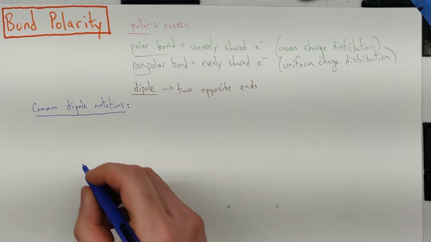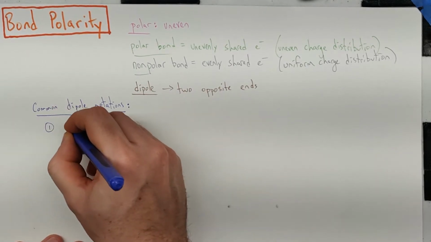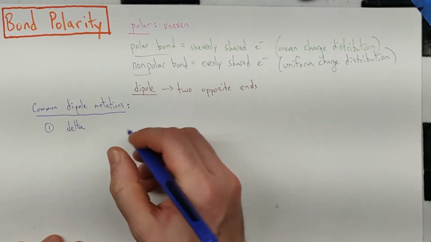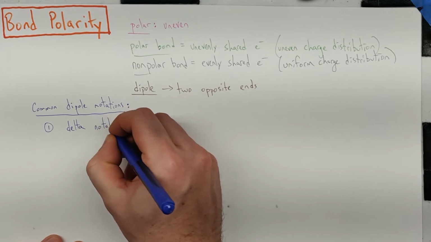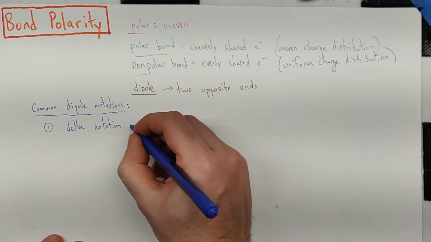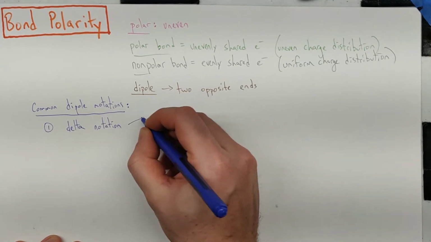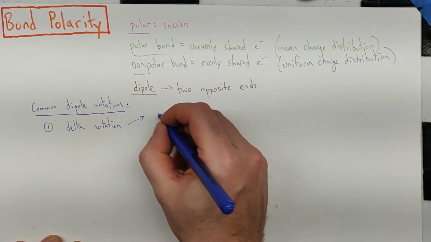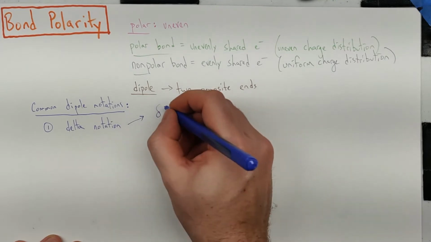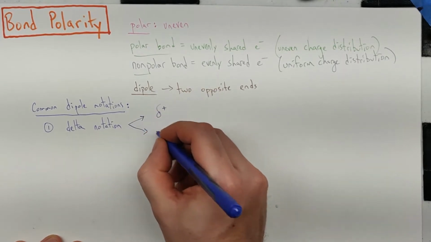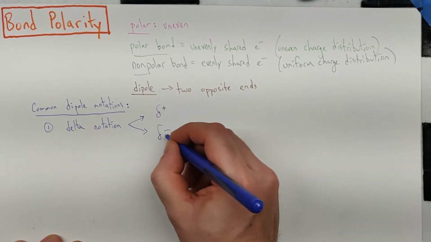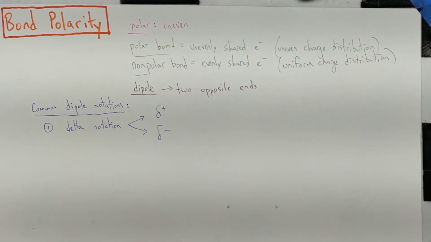There are two of them, the first of which is delta notation. In delta notation, we use, unsurprisingly, the Greek letter delta, which looks kind of like a music note. That's okay. And we put a plus sign on it, or we put a delta with a minus sign on it.